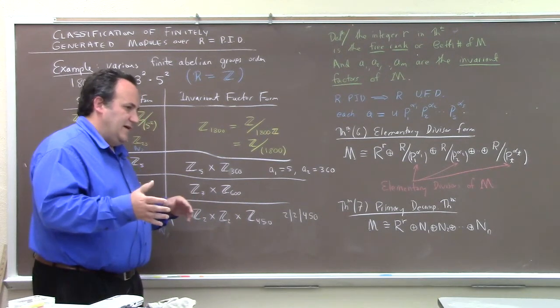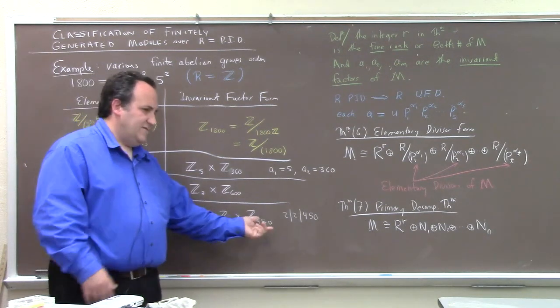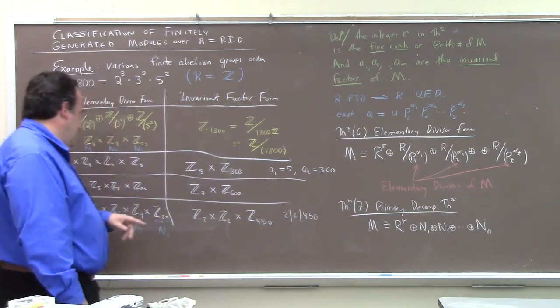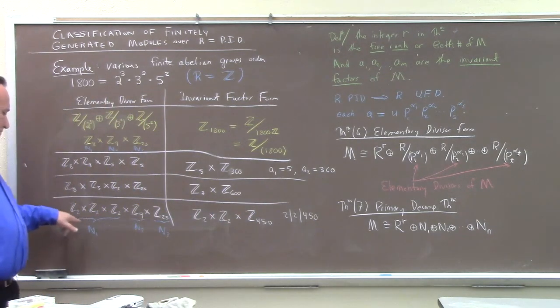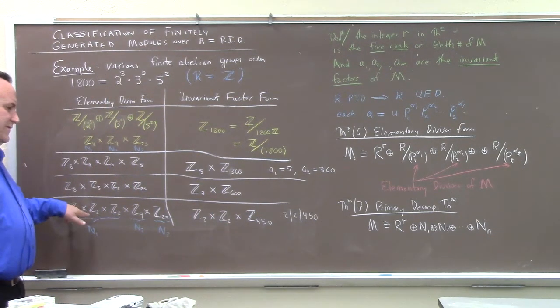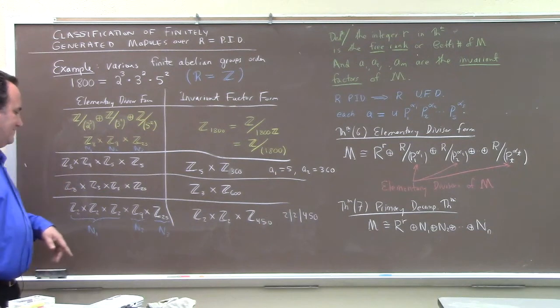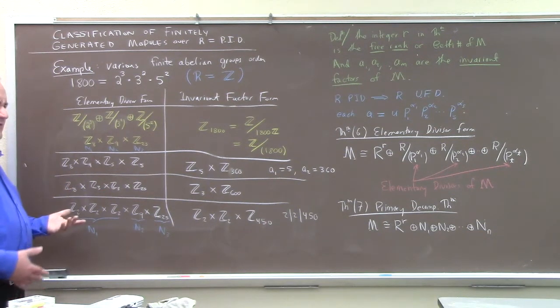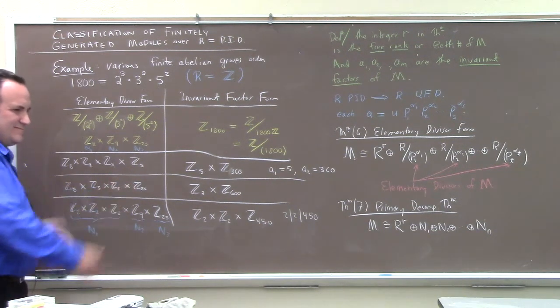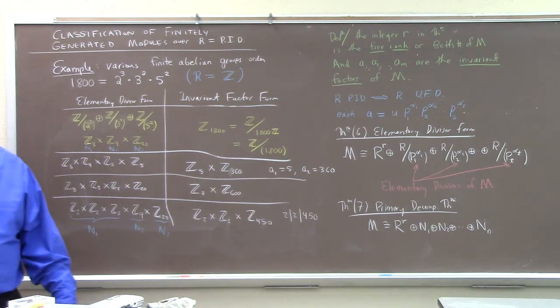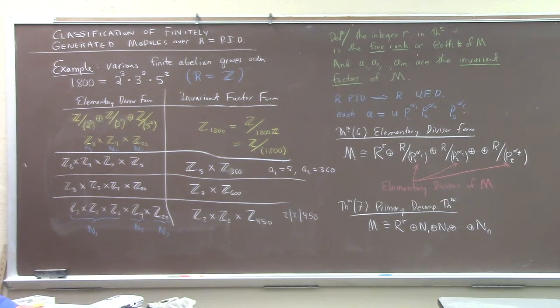That might make you think, well, I have a Z4, so it's Z4 cross Z450, but that's not the case here, because there's a Z2 cross Z2. There's no Z4 over here, so you can't have a Z4 over there. Is it because N1 doesn't have an element of order for the whole thing? Yeah, I can't have Z4 on the other side.